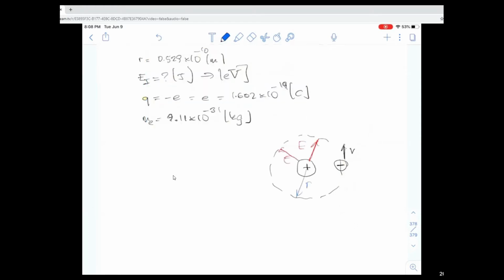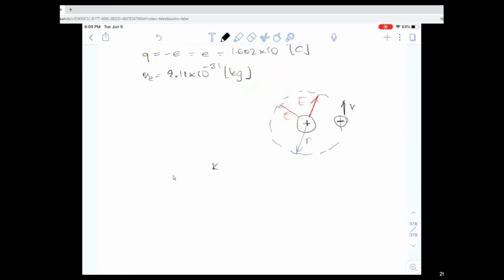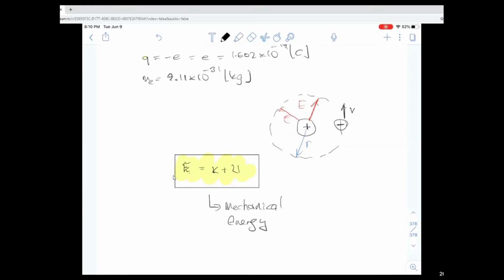That's it. Now, looking at the location of the electron, which is within the reach of the electric field at a radial distance, the electron has potential energy, and because it's moving, it's also got kinetic energy. So I'm going to use wiggly E for the mechanical energy of the charge. Mechanical energy of the electron is the same as the ionization energy of the electron.